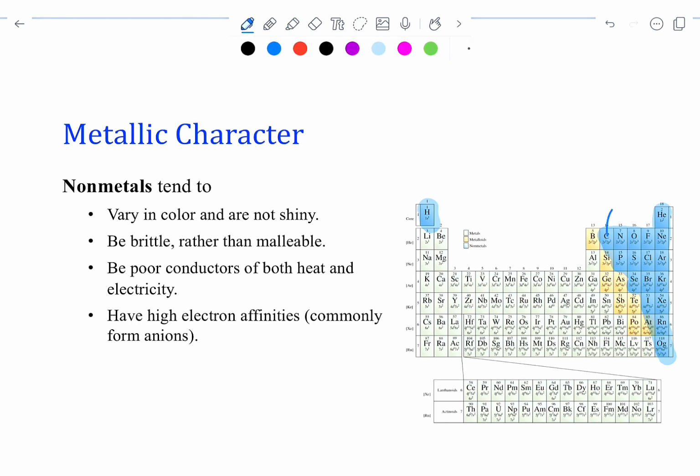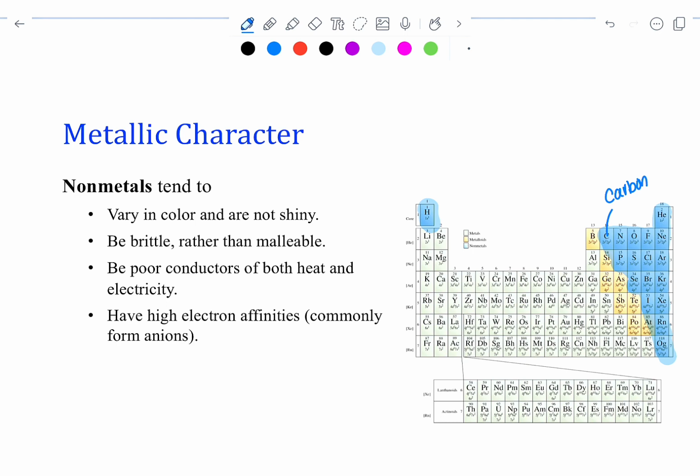That's a classic nonmetal. This is like the lead in our pencils and stuff like that. Charcoal is a form of carbon. It's not very shiny. It's kind of dull and brittle. They're not malleable in any way. If you think of charcoal on a grill, it's very easy to crush those charcoals.